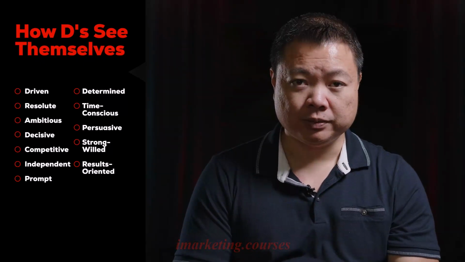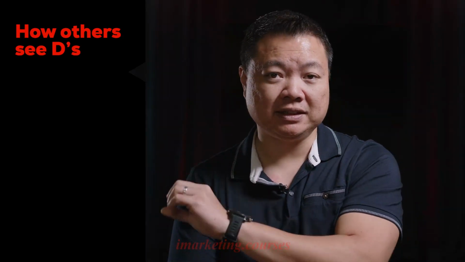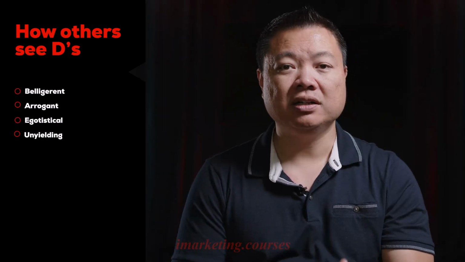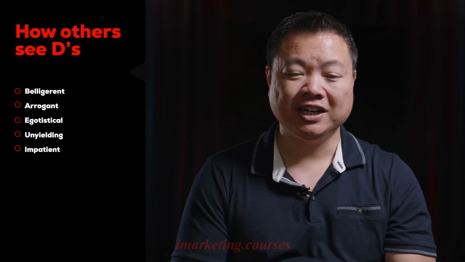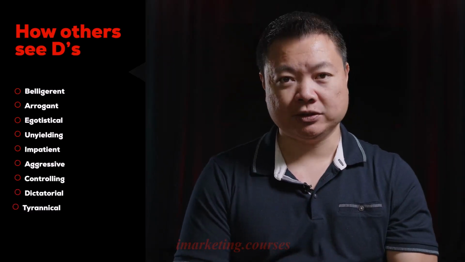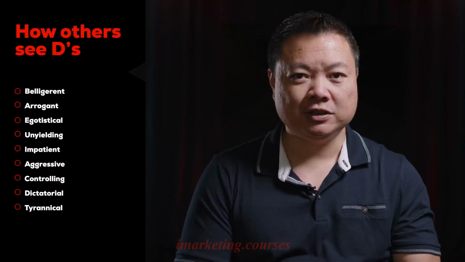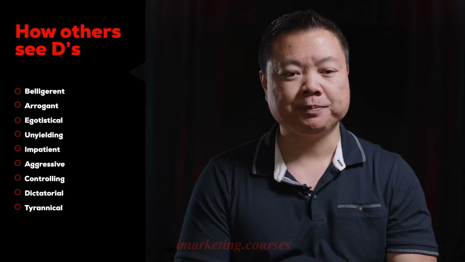The problem is that if you're not a D, if you're an I, S, or C, here's how an I, S, and C generally see a D profile: belligerent, arrogant, egotistical, unyielding, impatient, aggressive, controlling, dictatorial, and tyrannical, right? Not really good, feel-good adjectives to describe another human being.